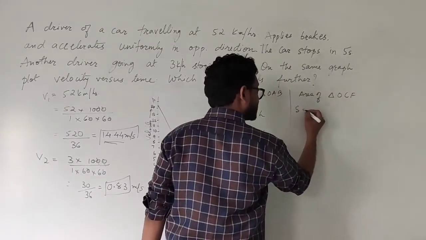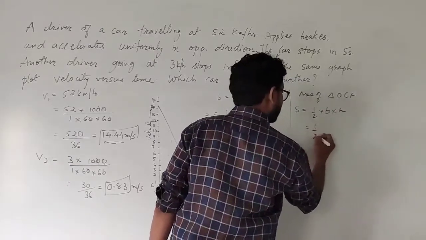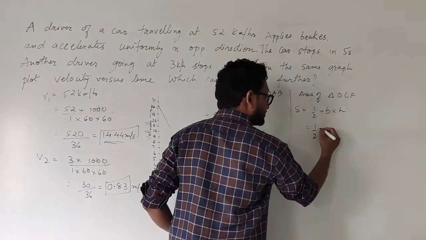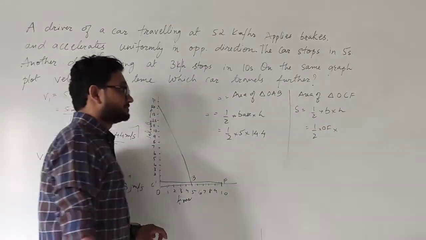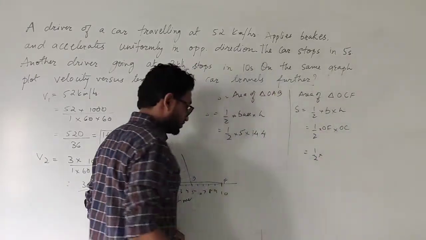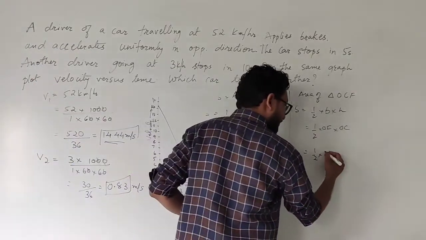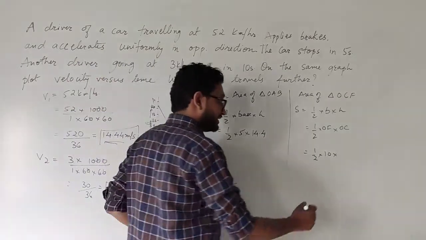That is S equal to half into base into height. The base is OF and the height is OC. OF is 0 to 10, that means 10, and OC is 0.83.